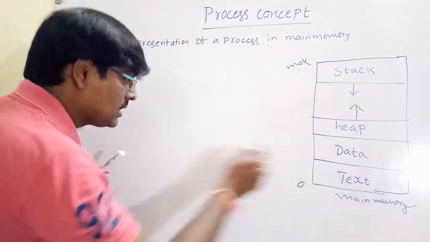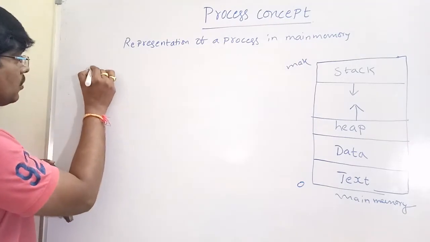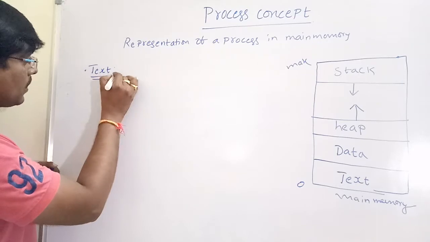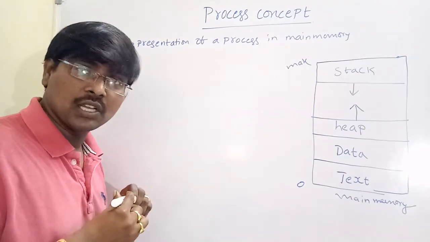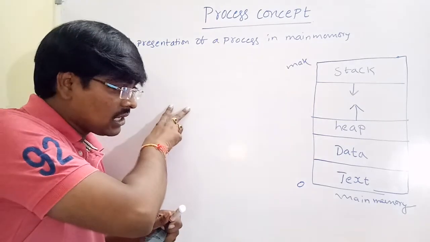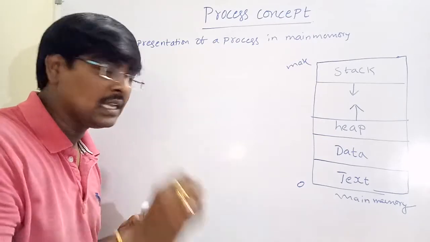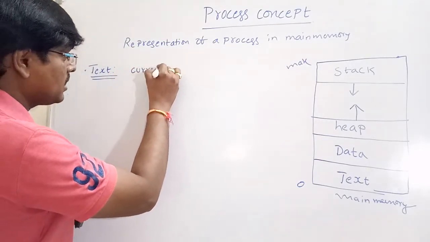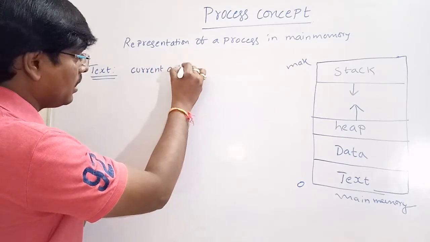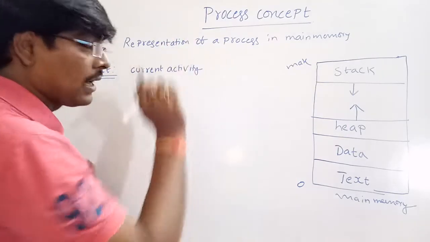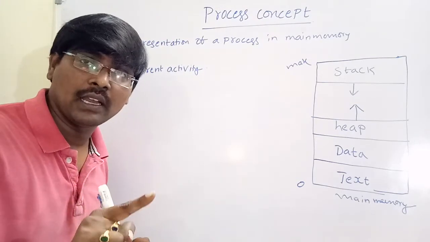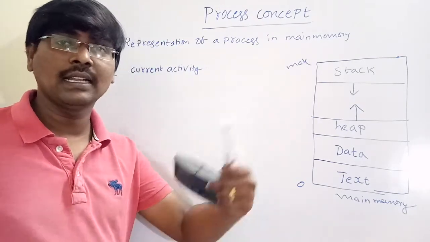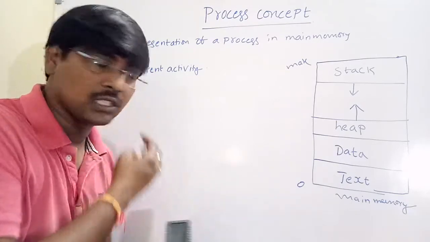Now we will discuss each and every one. What is the first one? First one is text section. What does this text section contain? The text section contains the current activity. Who specified the current activity? Remember, always program counter gives address of the next instruction to be executed.